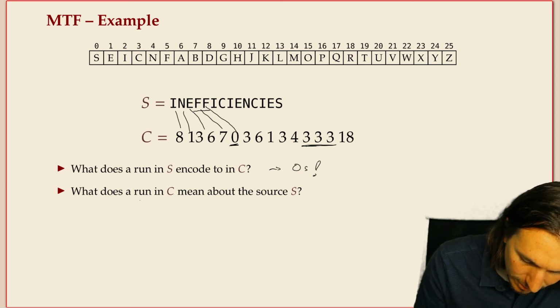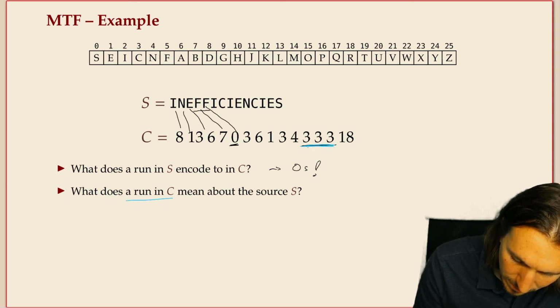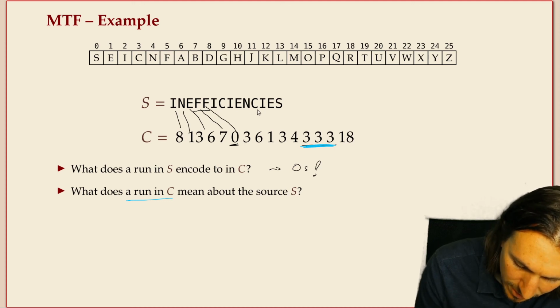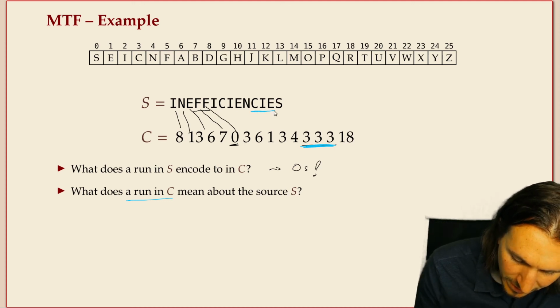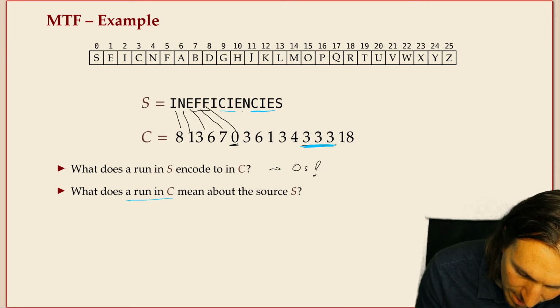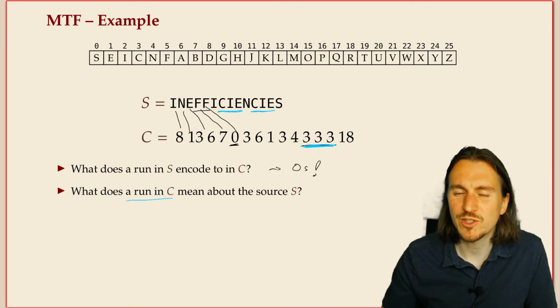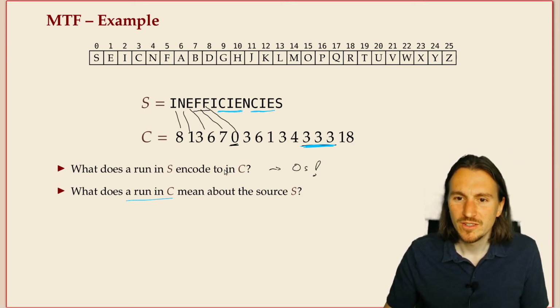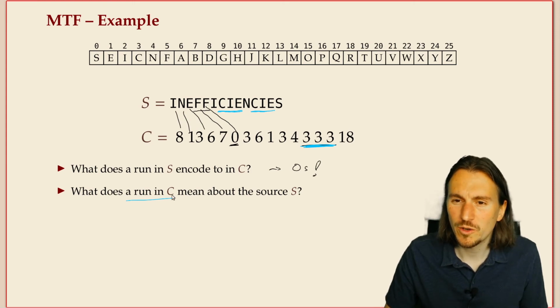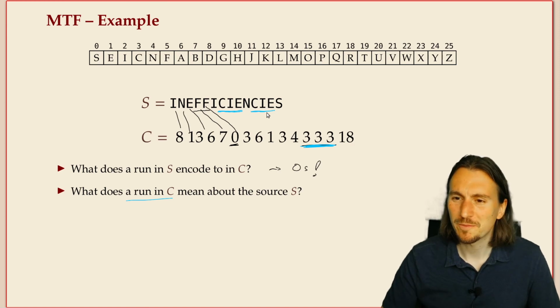A run in the code maps to these 3 characters. And you find 3 positions back, the same substring occurs. So runs in the coded text mean there was a repetition in the source text.